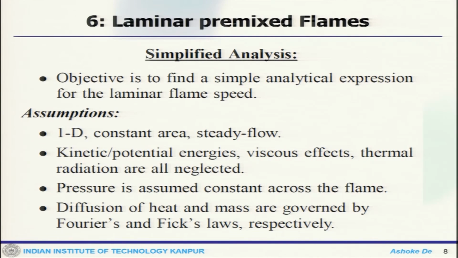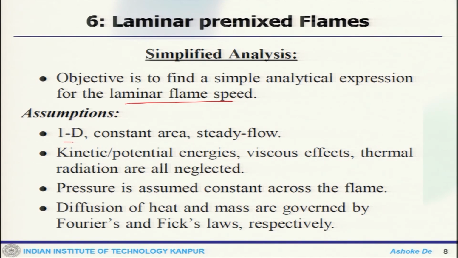So, one can do some simplified analysis here. The whole idea is to find some simple analytical expression for the laminar flame speed, or laminar burning velocity, whatever we call it. To do that, any simplified analysis will obviously have some assumptions.